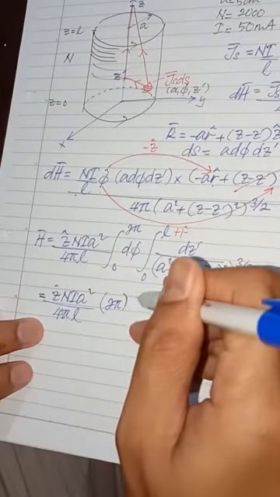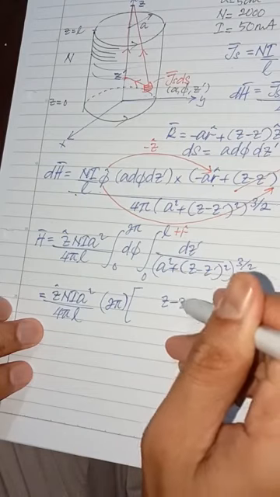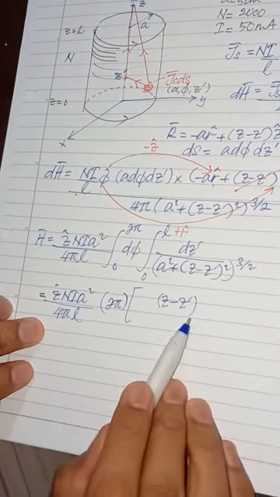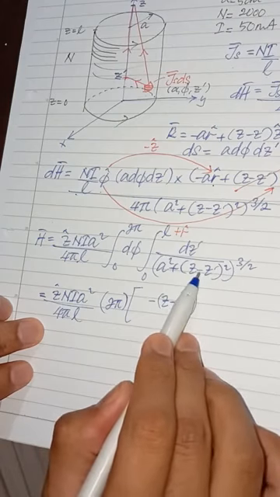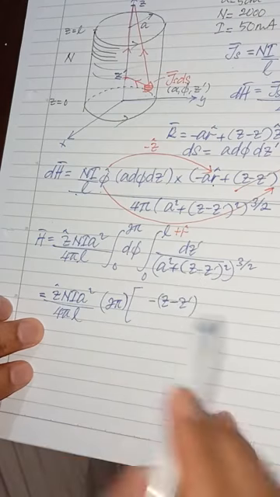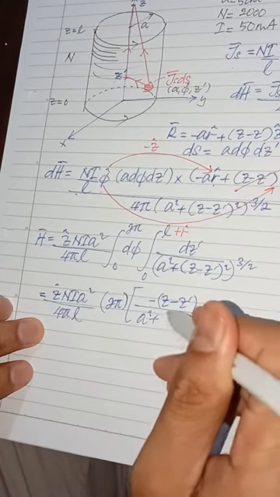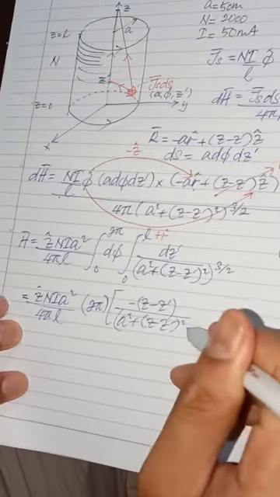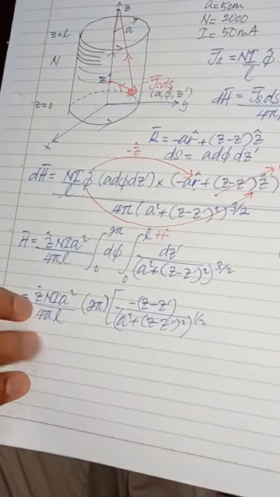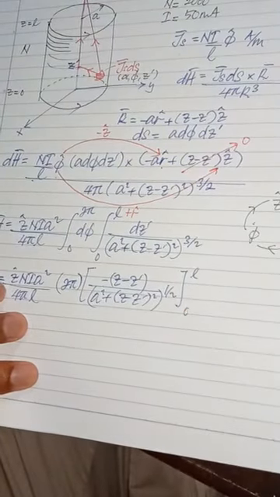And in this case we're going to have z minus z prime. Make sure in front there is a negative because we integrate over z prime, so put a negative in front, and here a squared plus z minus z prime squared to the power 1 over 2, and the limit from 0 to L.